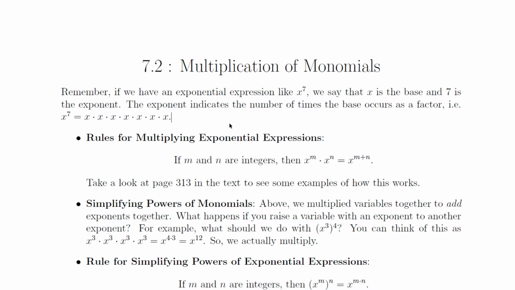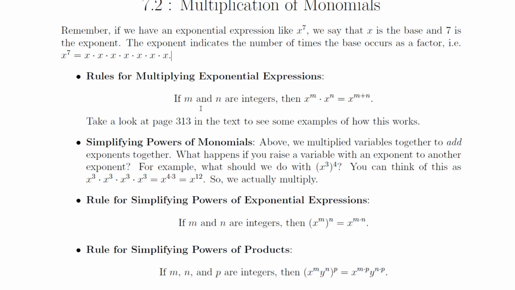Now the rule for multiplying these: if we have x to the m times x to the n, two distinct exponents with the same base, you combine them into the same base and simply add the exponents together. So it's m plus n.